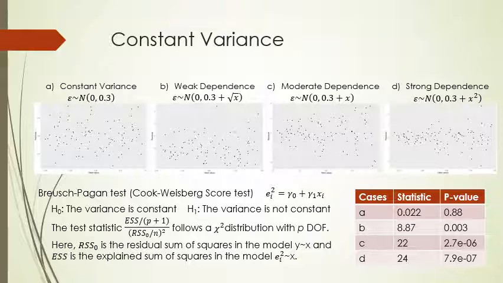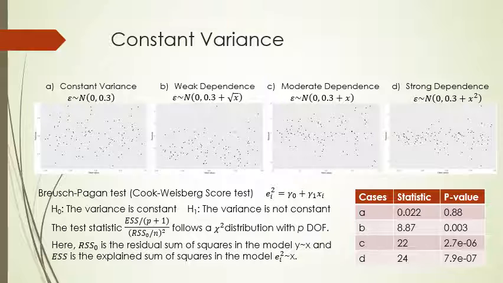The test statistic follows a chi-square distribution with p degrees of freedom. Here, RSS0 is the residual sum of squares in the first regression model, y versus x, and the ESS is the explained sum of squares in the second regression model.